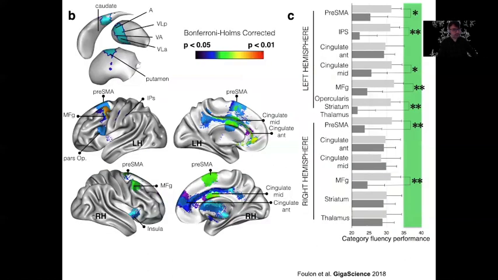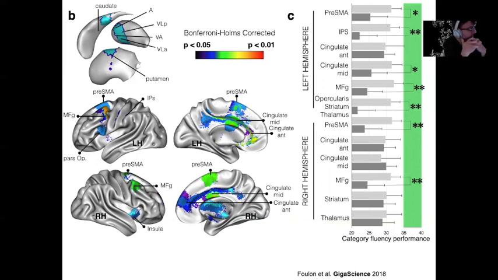You can see that some regions in the brain, when they are disconnected, contribute significantly to a decreased performance in category fluency. And those regions involve the middle part of the caudate, the entire portion of the thalamus and the ventral portion of the thalamus, the dorsal portion of the putamen, and those are subcortical structures.